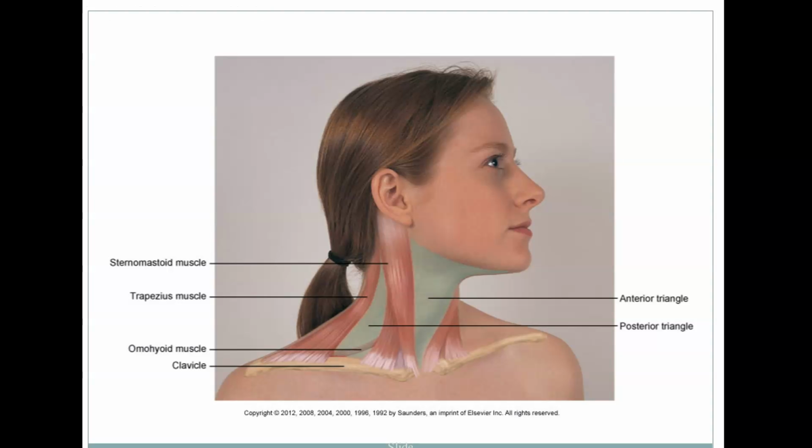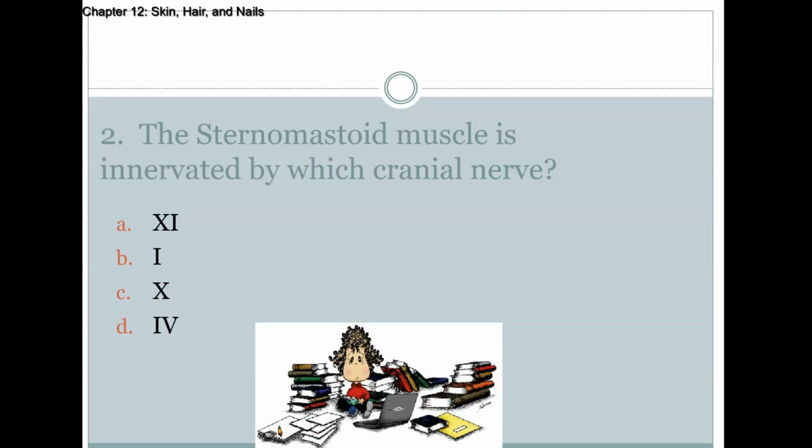Okay, and here is showing the muscles like the trapezius and everything. So a lot of this is just A and P. The sternomastoid muscle is innervated by which cranial nerve? It is cranial nerve 11.